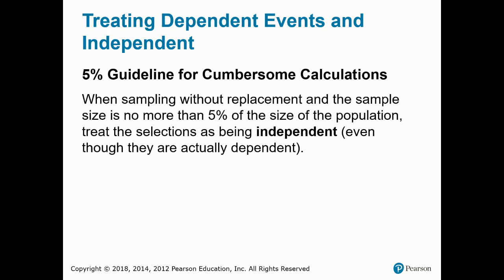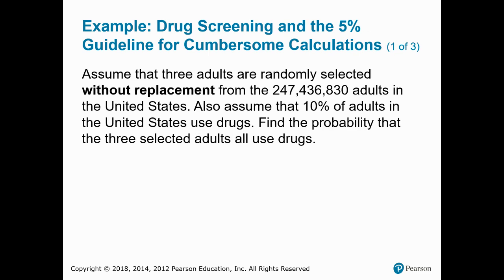If it's 6%, we're going to do the reduce the bottom number thing. But if it's 5% or less, then we're going to treat it as independent, because there's going to be very little difference in the probabilities.